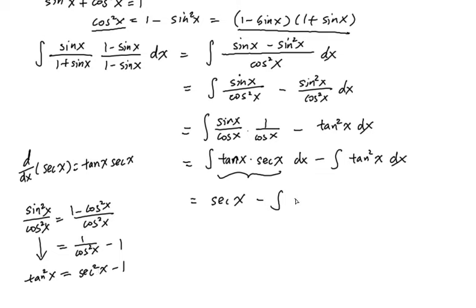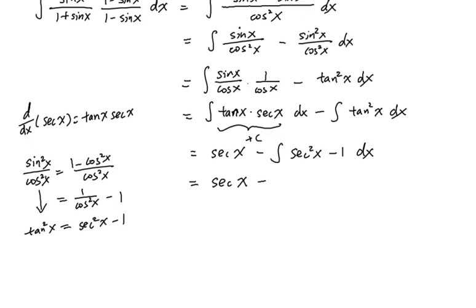Therefore, you can rewrite this as the integral of secant squared x minus 1 dx. Actually, we should have written the plus c here. And then, what's the integral of secant squared?